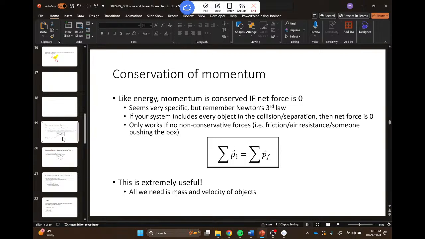This is an incredibly powerful tool because it works for every single problem as long as there's no friction, air resistance, as long as no work is being done. Specifically due to friction, air resistance, or someone pushing the box. I'll show you an example of why this doesn't work if there's friction. It'll be really simple to see that.